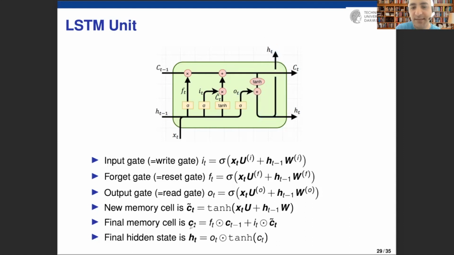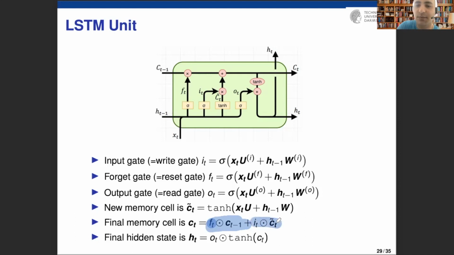Final memory cell, or Ct, is okay, but how should we calculate the memory cell? It's the forget gate, as we discussed, times Ct minus 1. So from the content of the memory in the previous state, we may decide to forget some part of it. And we also have some input parts.